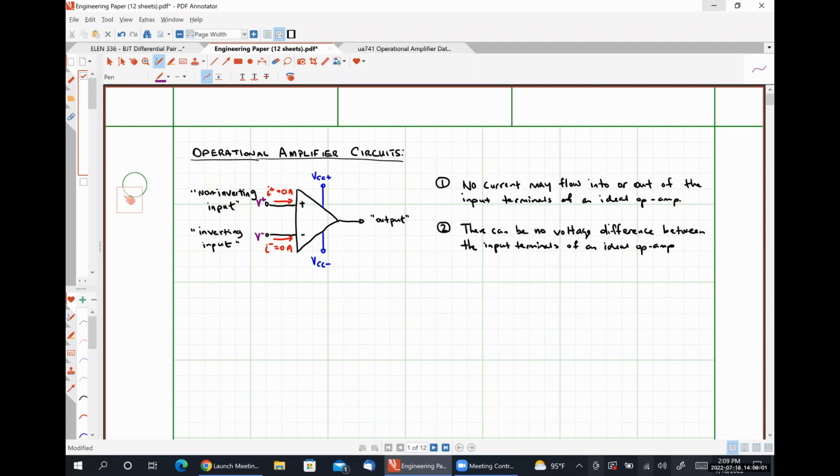Op-amp rule number 2 says that there is no difference between these voltages, which implies V plus, the voltage present at the non-inverting input terminal of our op-amp, must be exactly equal to V minus, the voltage present at our inverting input terminal of our op-amp, and vice versa. Okay.